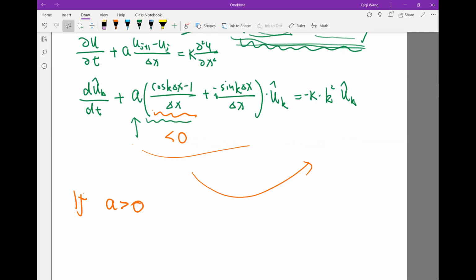A greater than 0 real part on the right hand side of an ODE contributes to instability, right? It is going to contribute to instability.